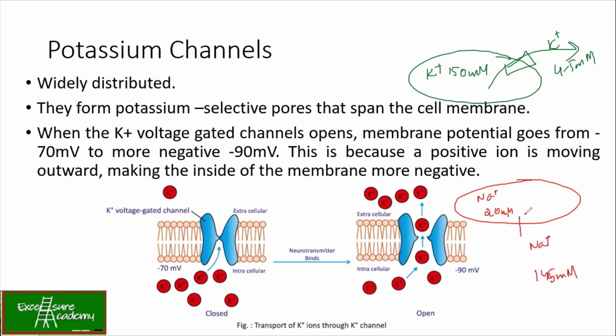So if my Na plus voltage gated channel is getting open, what will happen? Because of the gradient, बाहर से अंदर आएगा. And that's why in the case of K plus, from minus 70, it is becoming minus 90 millivolt, whereas in the case of the Na plus channel getting open, minus 70 से ये minus 55 में जा रहा है. Now, getting the point why this difference is coming?